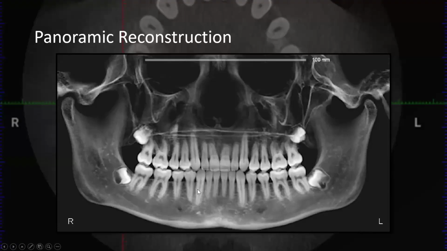It's just limited to around the dentition. So that is an advantage. I would say these are roughly similar quality to a panoramic image with some advantages. Maybe panoramic has a little bit higher resolution in some cases. I see a little bit of ghost image of the hard palate.